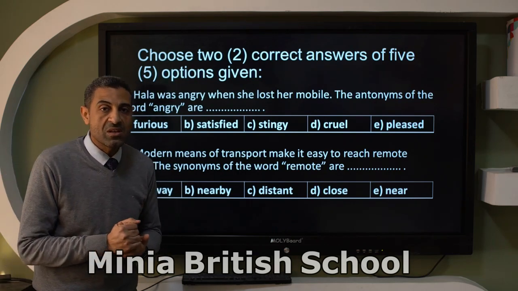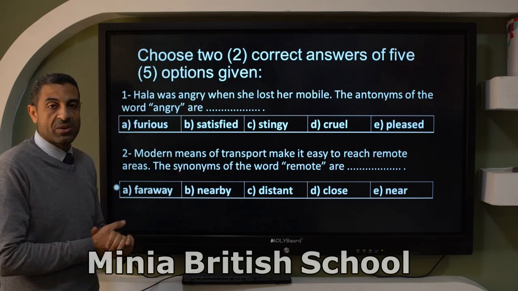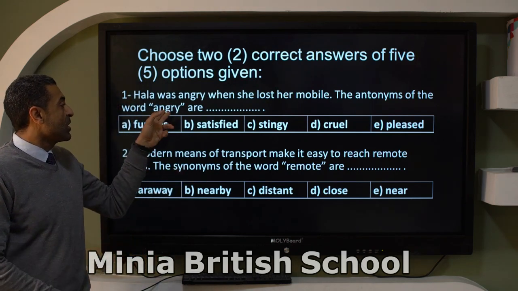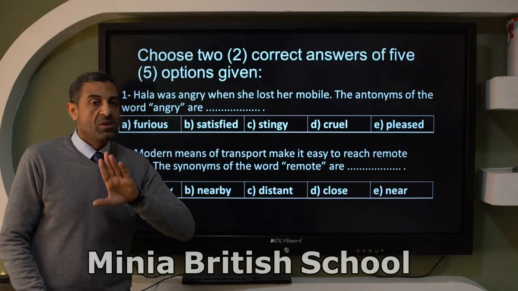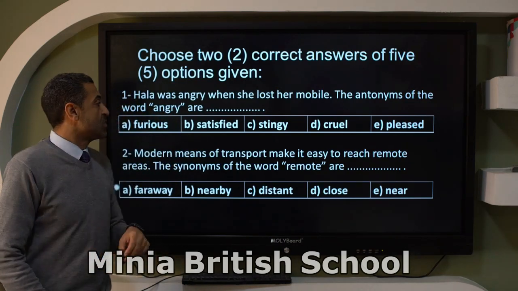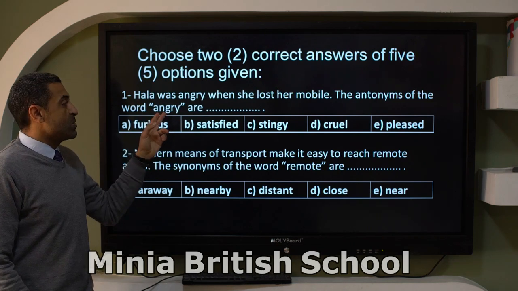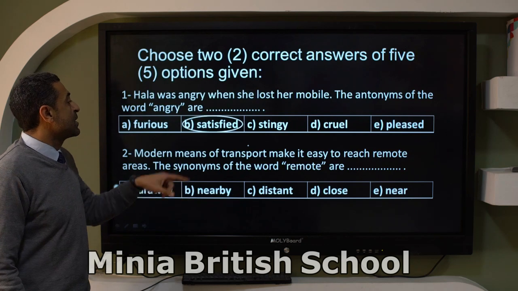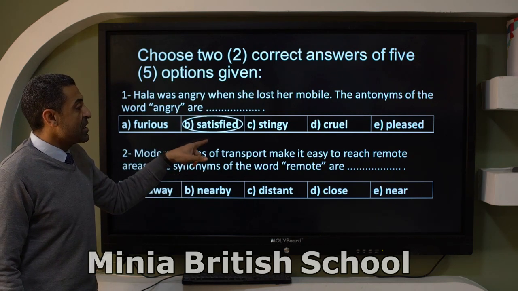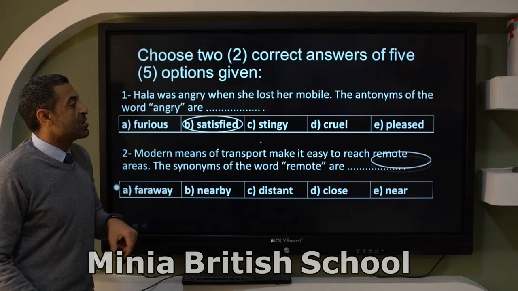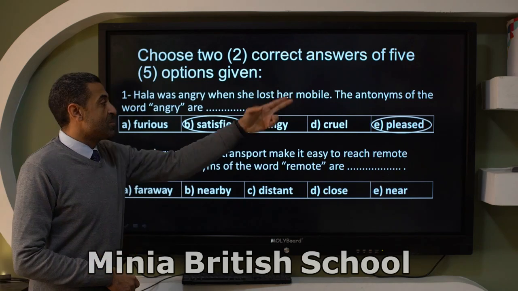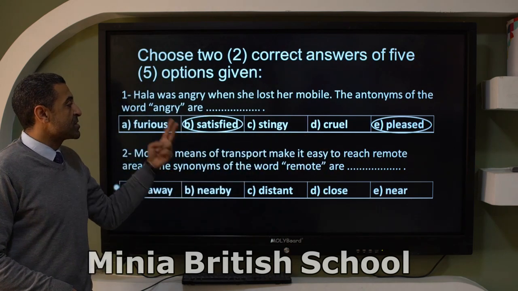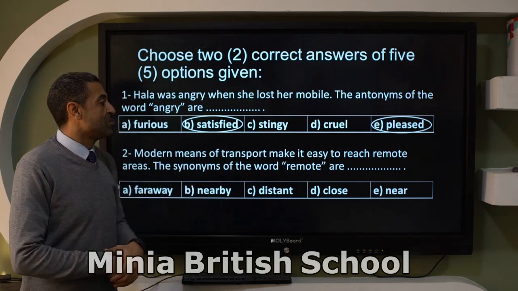So I will choose the opposite meaning for the word angry. Just one? No, two. The antonyms of the word angry as given here are satisfied and pleased.